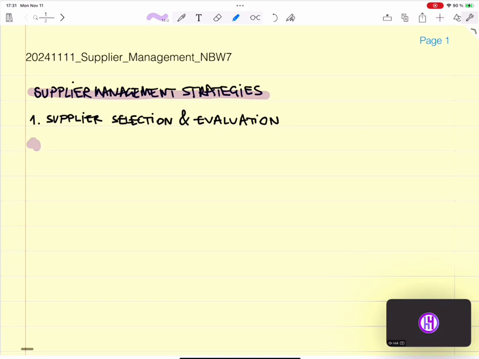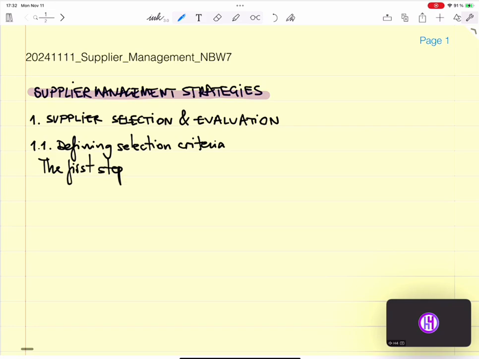We go and look at defining selection criteria. Okay, so the first step in supplier management, SM, is selecting the right suppliers.